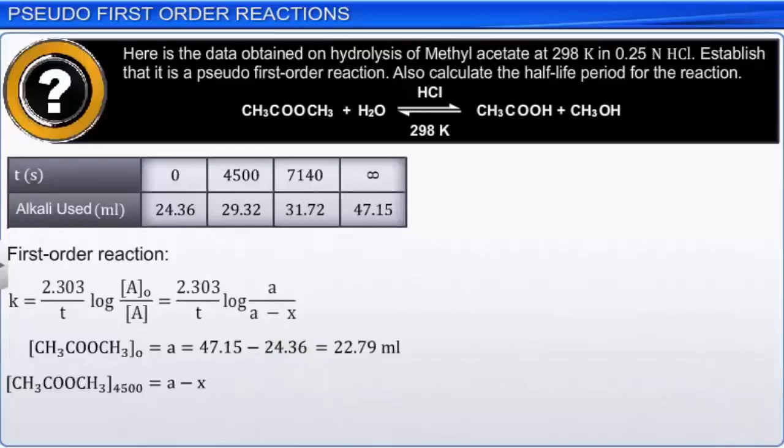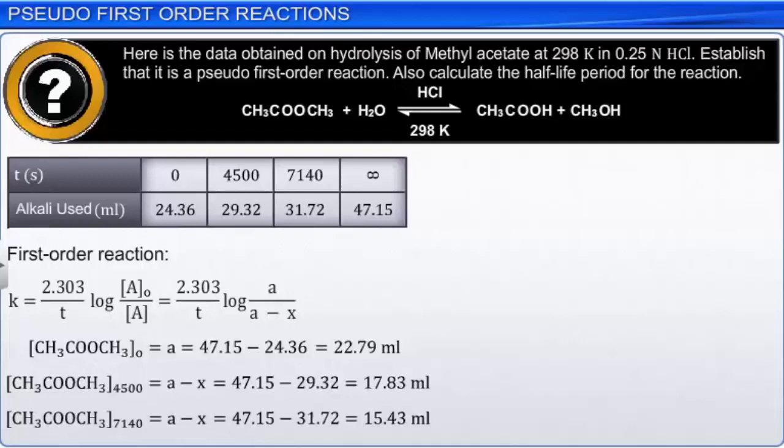Similarly, the concentration of methyl acetate at 4500 seconds is 17.83 milliliter, and at 7140 seconds is 15.43 milliliter.